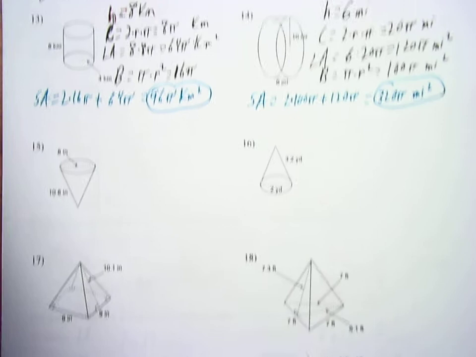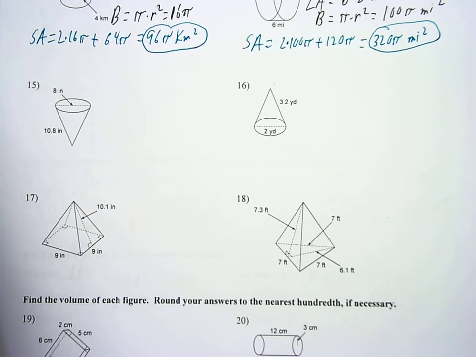All right, next questions. We have the cones and the pyramids. So the cones and the pyramids have only one base. So rather than doing the 2 times the area of the base, we just do 1 times the area of the base. We just take the area of the base plus the lateral area here, in other words.